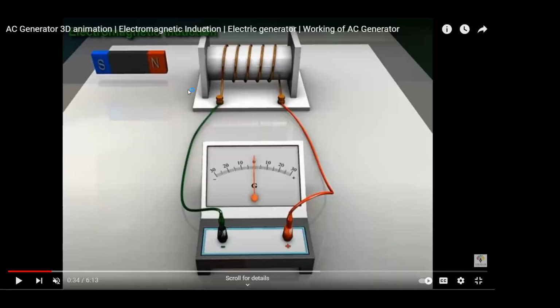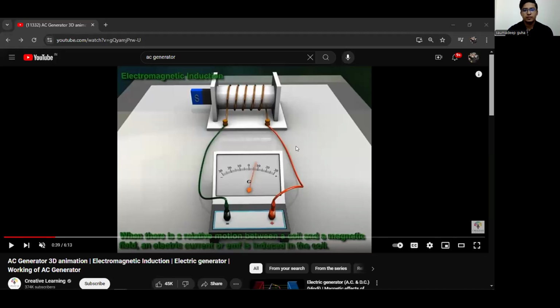Now let us see how it works. So this is basically the principle on which it is based.